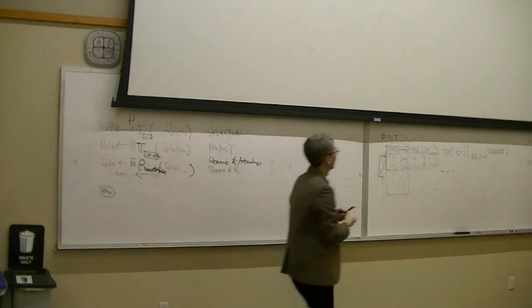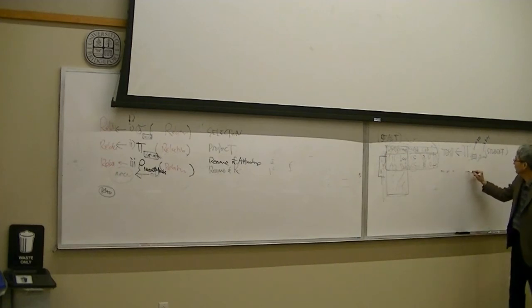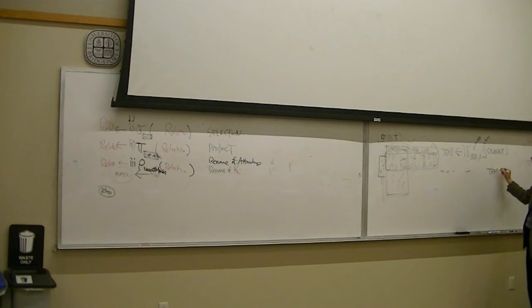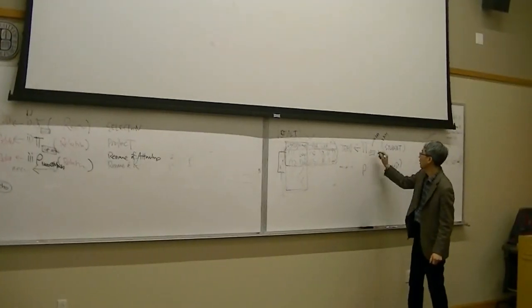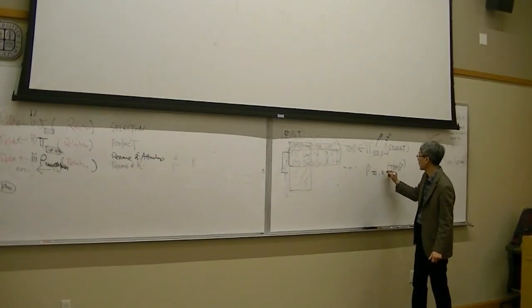So for example, I want to rename this one into ID, this one into NN, to simplify. To do that, you can rename TEMP with rho, and this is the ID, and this is the NN.